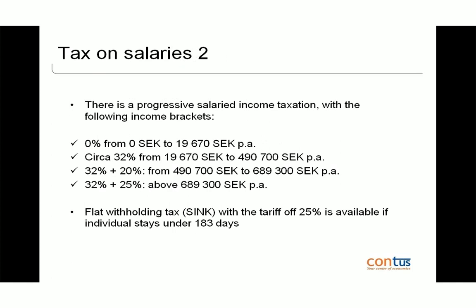So if we go on to tax on salaries, there is a progressive salaried income taxation with the following income brackets. The figures are from 2019. From 0 to 19,067 crowns, the taxation rate is 0.